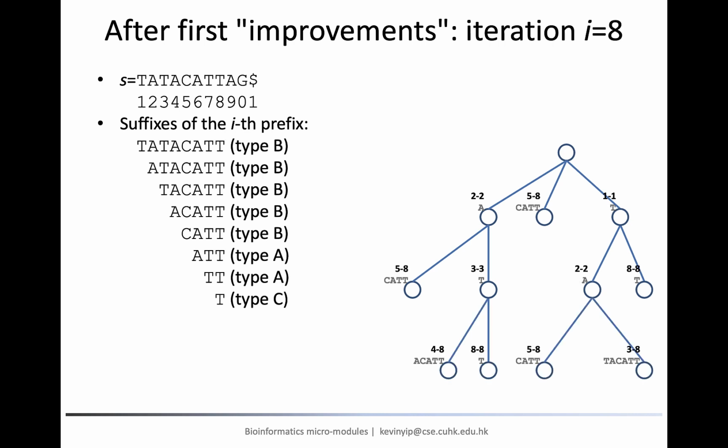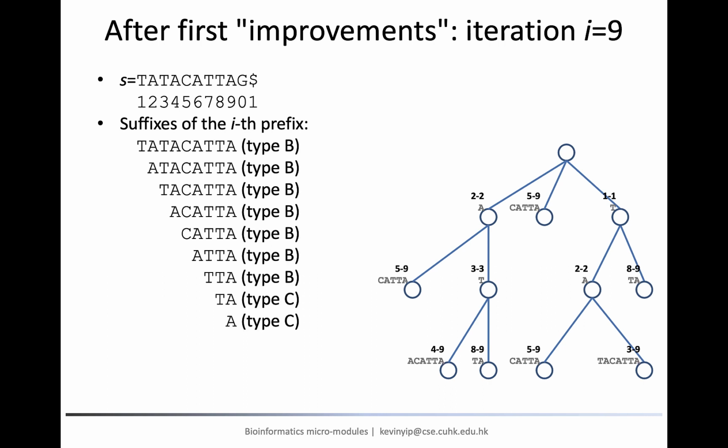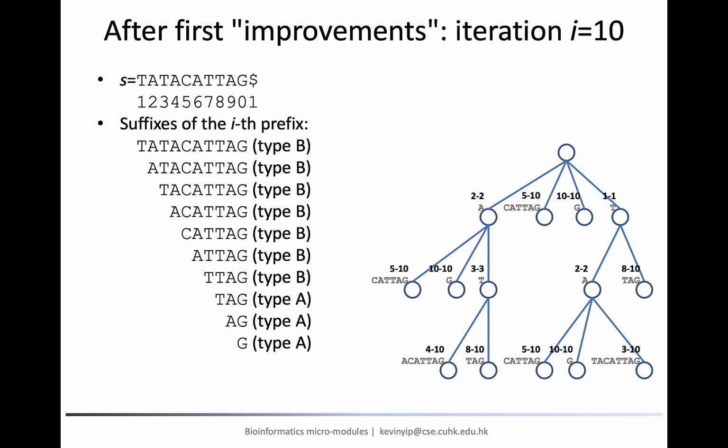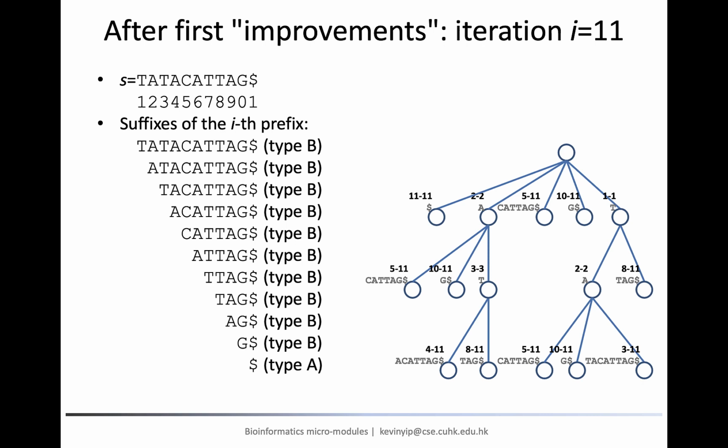These are the results for the T at position 8. These are the results for the A at position 9. And then position 10. And finally, position 11. Now, since all the characters have been inserted, we have constructed the whole suffix tree.